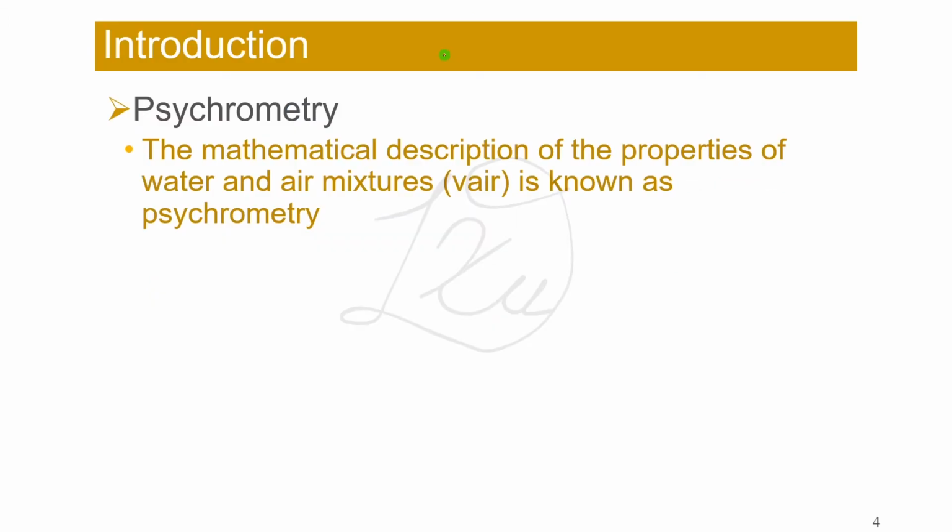Psychrometry provides the means of quantifying sources of heat from survey data or predicting air temperatures when sources of heat are known. The mathematical description of the properties of water and air mixtures is known as psychrometry. So air mixtures contain dry air and water vapor.